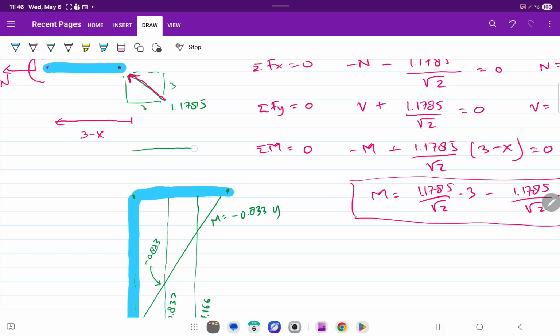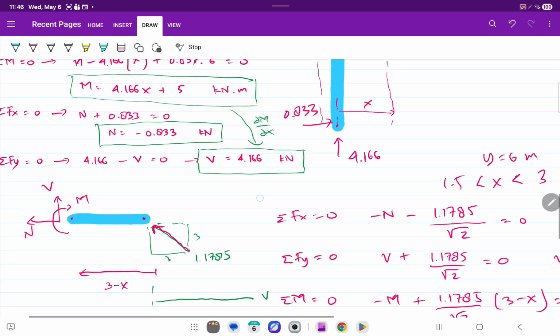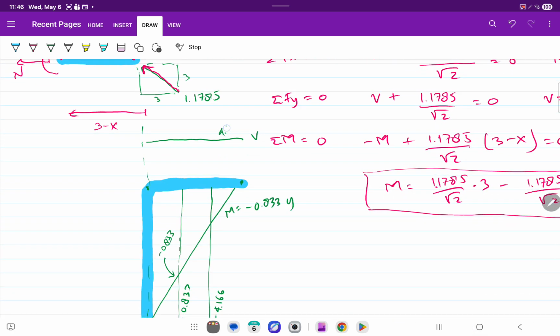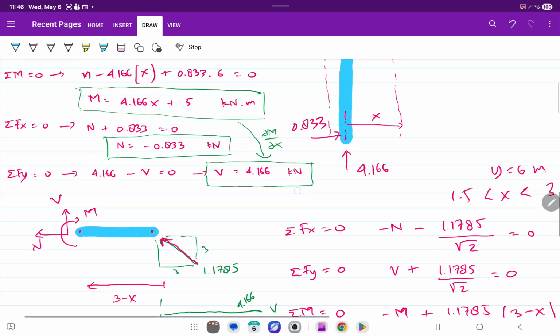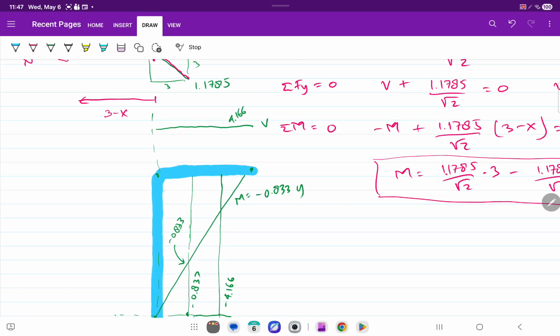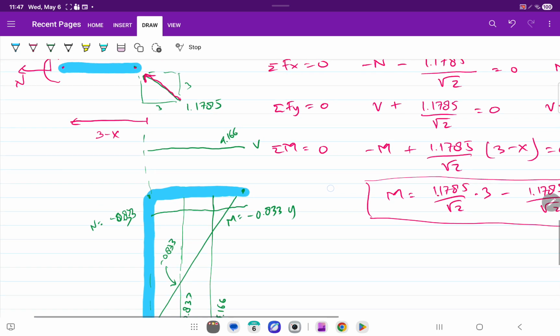So this is your V, which is, how much is V? 4.166. And then your N is negative, from here negative constant, negative 0.833, that is your N.